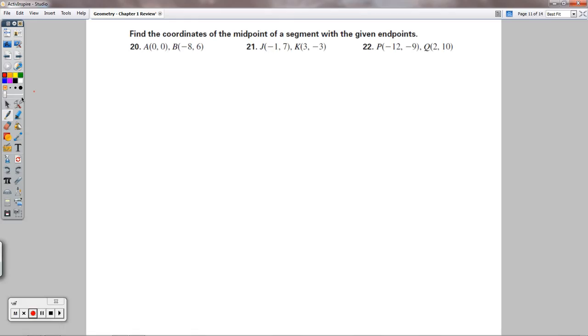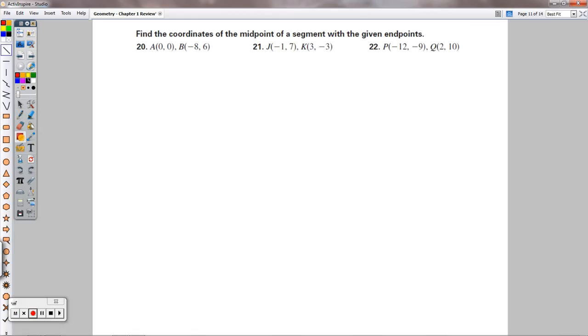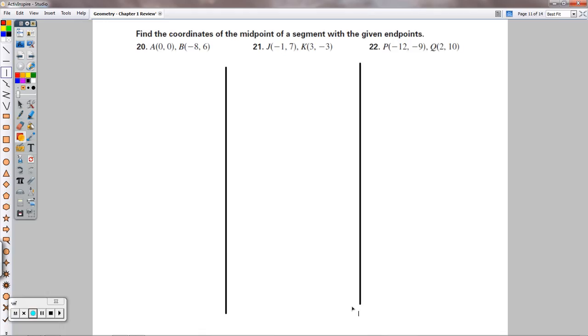Continuing on with life and with math and with fun problems here, we got the coordinates of the midpoint of a segment with the given endpoints. I'm just going to split this up into 3 parts again.